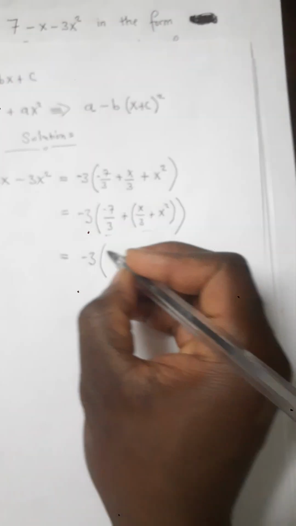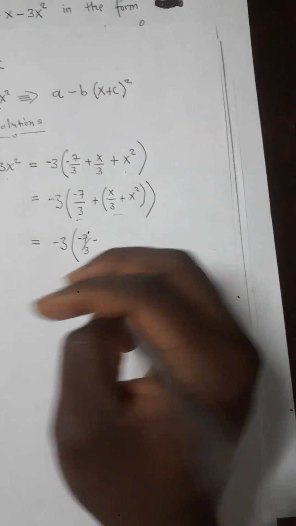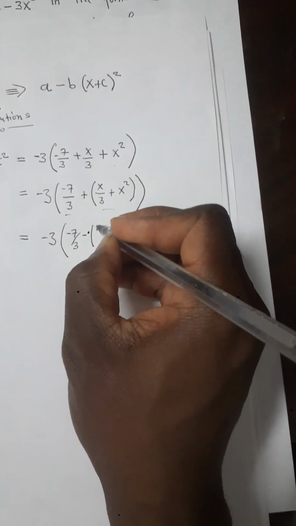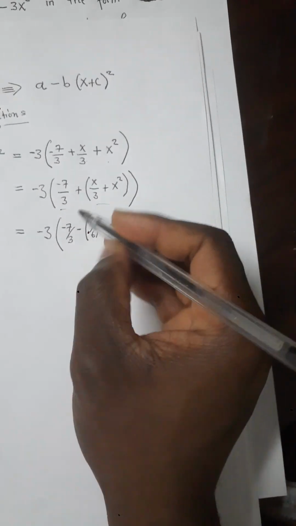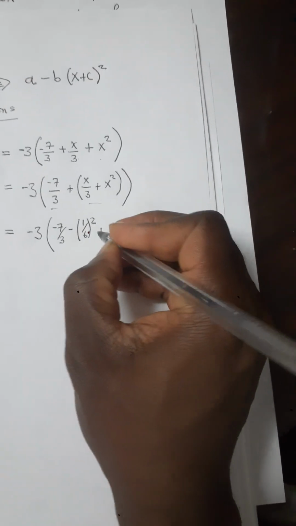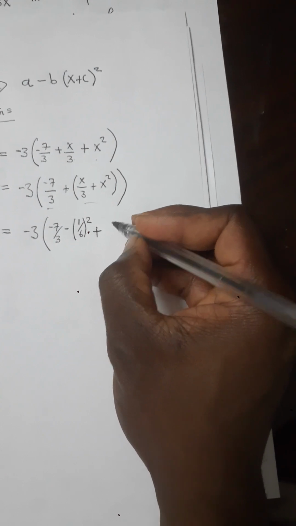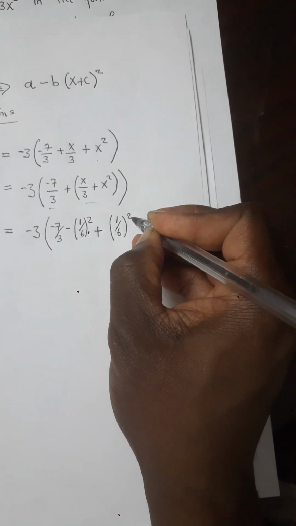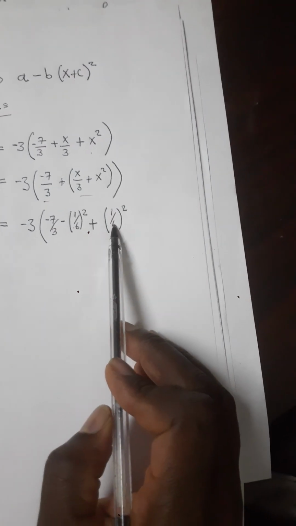So negative 7 over 3 minus, I'll subtract that value, which is 1 over 6 squared. Then I bring down the plus, and I add again the same value, 1 over 6 squared. Remember, I've just added this and that.